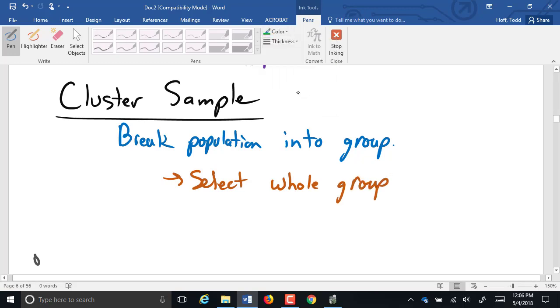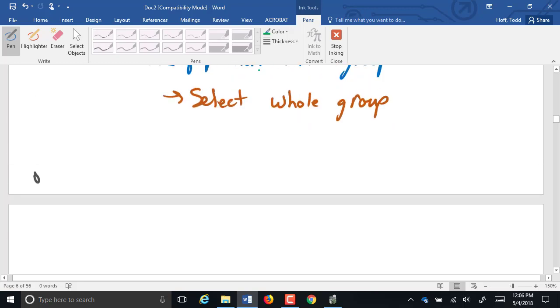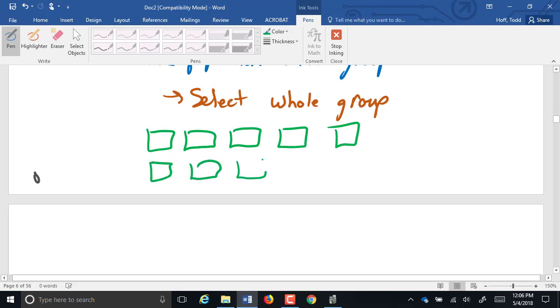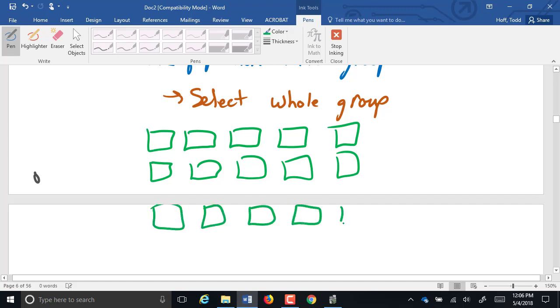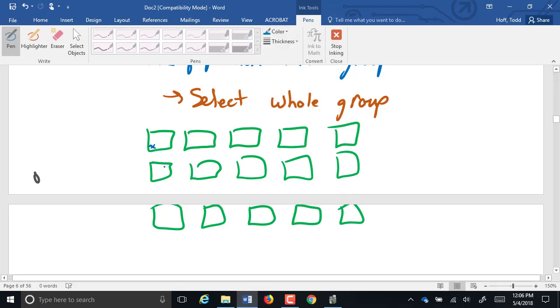Well, let's say we are going to go door to door and ask about the school board. If we have city blocks that we're going to cover, if I do a simple random sample, I might have somebody here to survey, somebody here and here, possibly here and here and here and here.